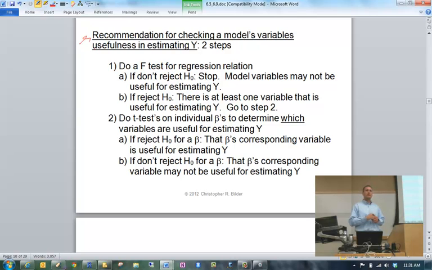Yes? If we fail the F-test, it is possible that one of the variables is sufficiently nonlinear to pull all the... We can't just not do individual tests. Okay, let's back up a second here. You said if we don't reject H0, well, why don't you repeat what you said?